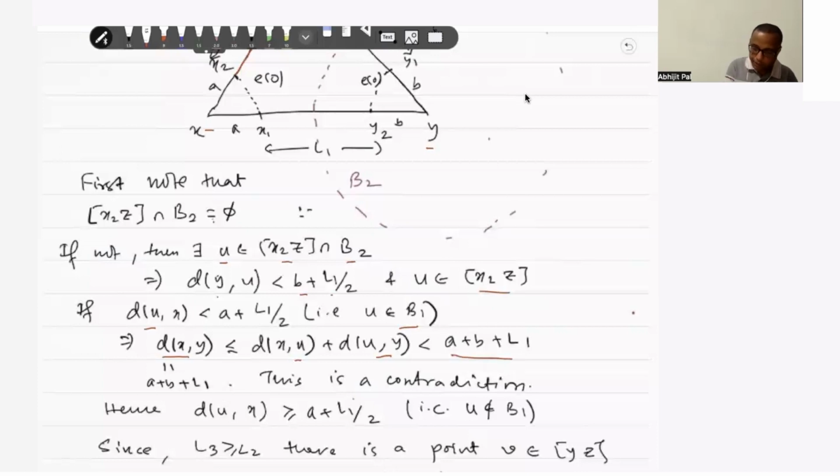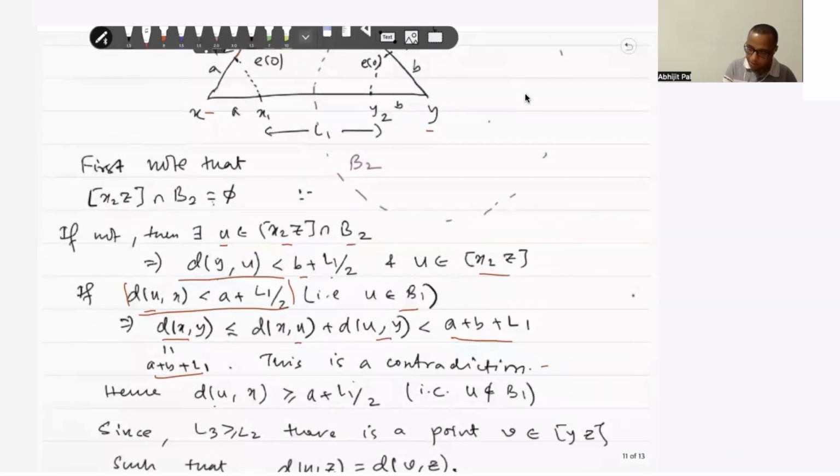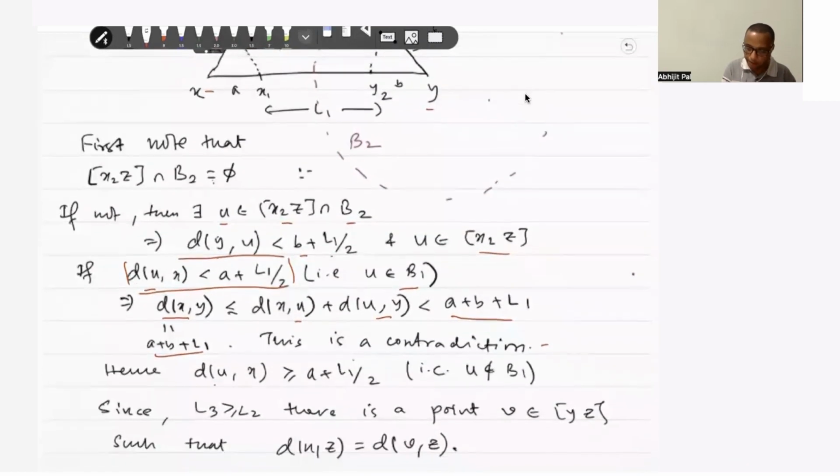But XY is a geodesic, so its length is A plus L1 plus B, which is this thing. So this is a contradiction, which means this assumption is wrong. Therefore, the distance between U and X is greater than or equal to A plus L1 by 2. That is, U does not belong to B1.